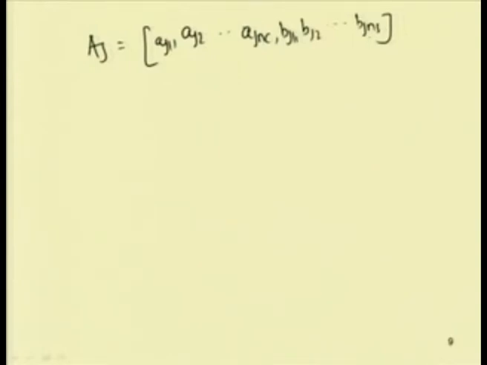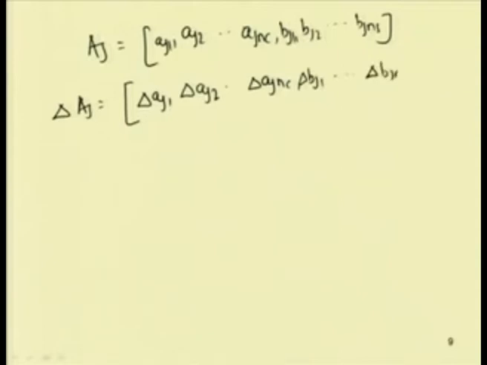Similarly, delta A j is equal to delta A j 1, delta A j 2, up to delta A j n c, and delta b j 1, and the last term is delta b j n s. So, this is delta A j, and the first is A j.